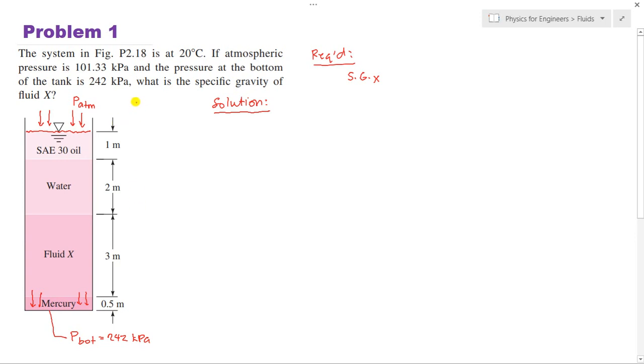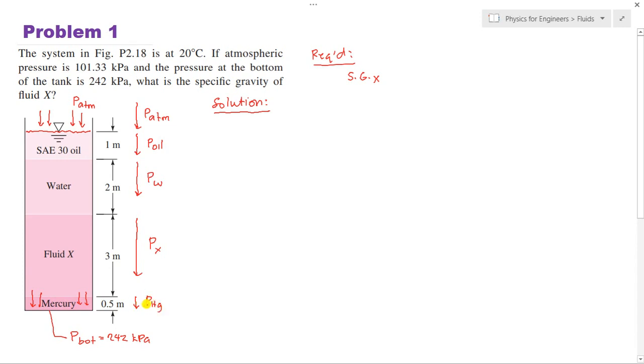So let's say the atmosphere exerts P atm. Then the SAE 30 oil also exerts pressure, P of the oil. Of course, water also exerts pressure, P of W. And then fluid X also exerts pressure, P of X. And then finally mercury, P of Hg.